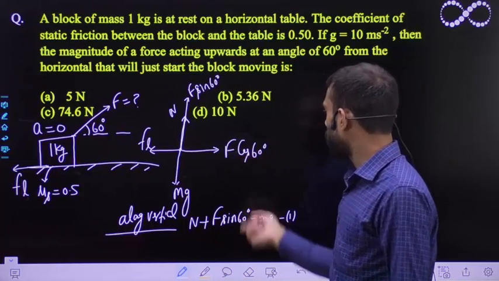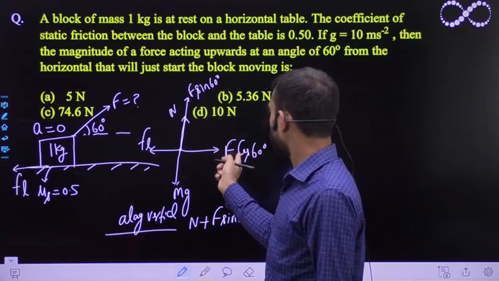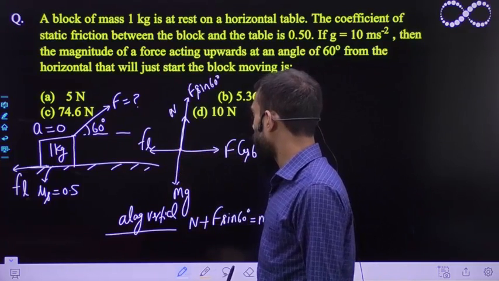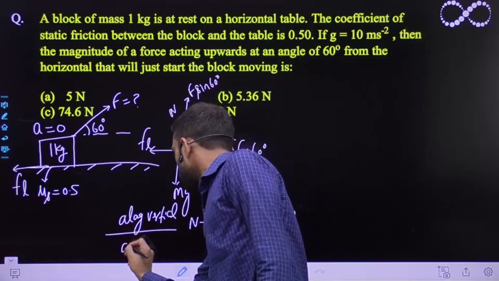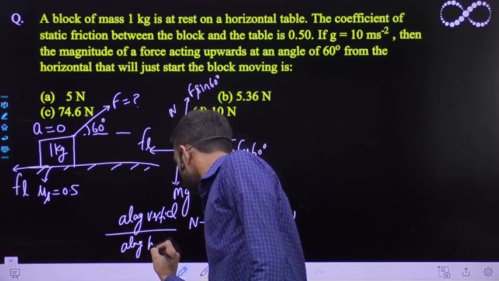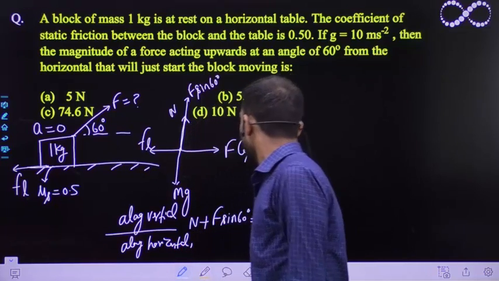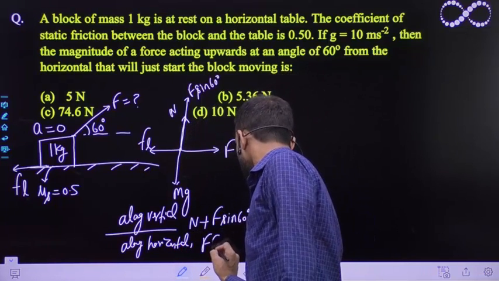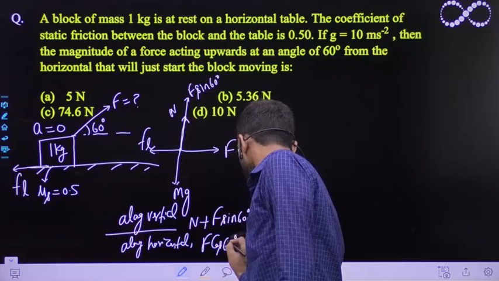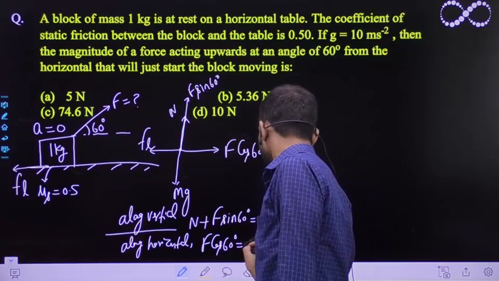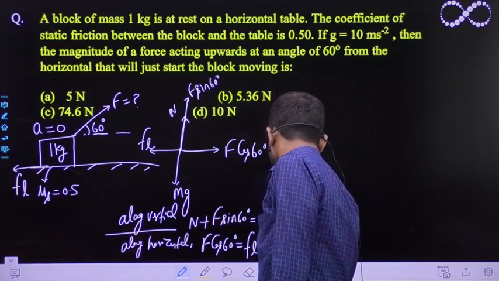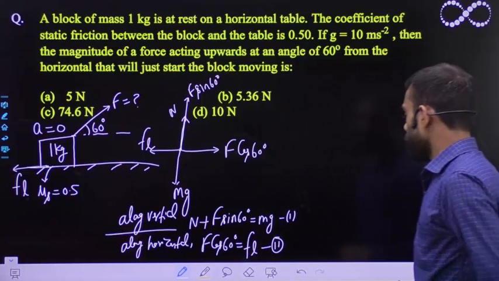Along the horizontal, F cos 60 must balance the FL. So along horizontal, F cos 60 degree must balance the FL. So this is equation 2 here.